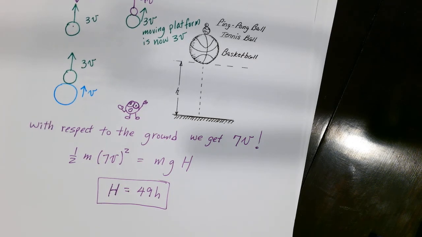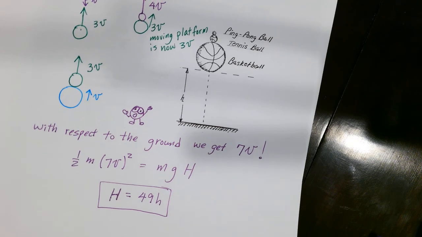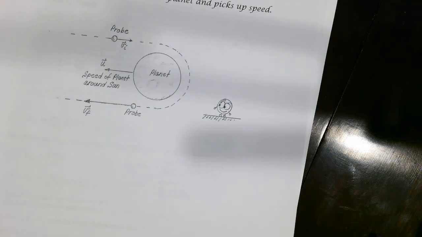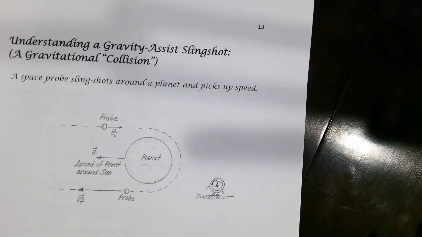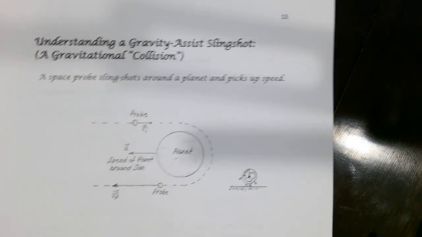We're almost done, people, believe it or not. So let's talk about gravity assist slingshot, so you guys can work for NASA or maybe even Elon Musk and SpaceX. Right? Gravity assist slingshot is actually pretty cool, and it actually works.